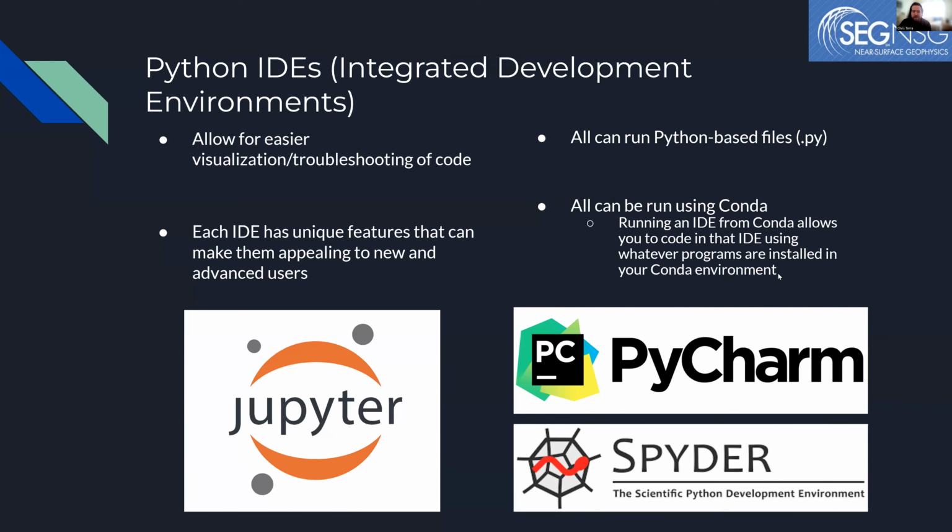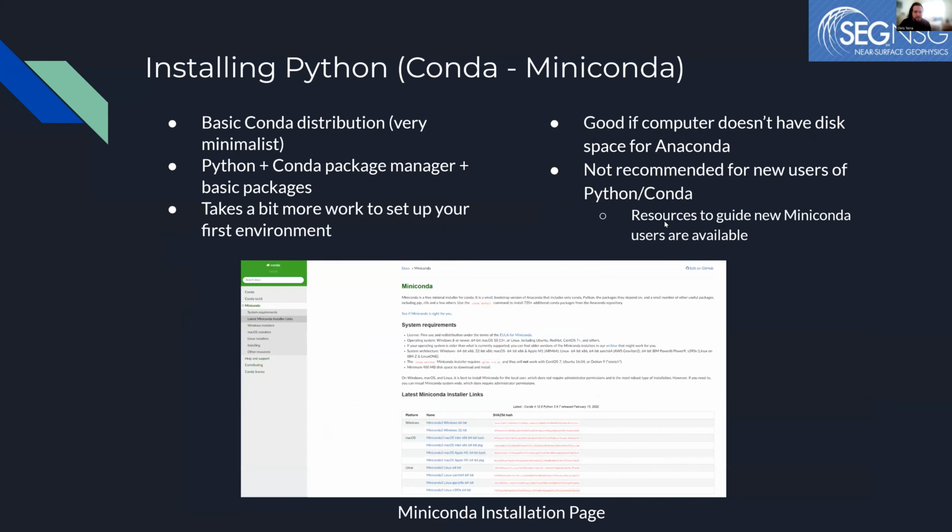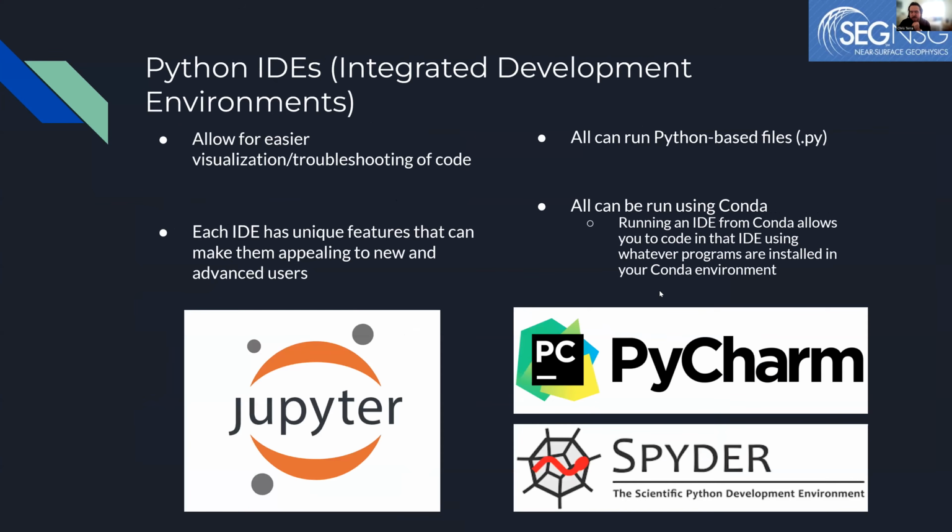What this really means is that if you install Anaconda, and we can see, it'll show a little bit of what it's supposed to look like once you open up the Navigator. If you run one of these IDEs within your Python environment, it'll run that software, but with all of the packages that you have installed in that environment ready to go.